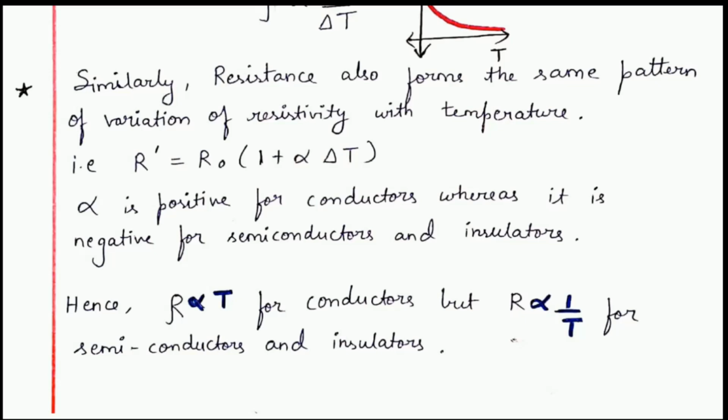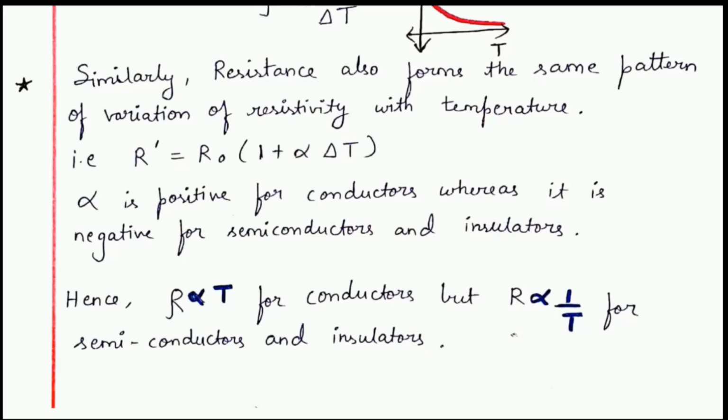So R is directly proportional to temperature for conductors, but inversely proportional to temperature for semiconductors and insulators, exactly the same as resistivity. So if you remember resistivity, you will easily be able to remember resistance. Alright.